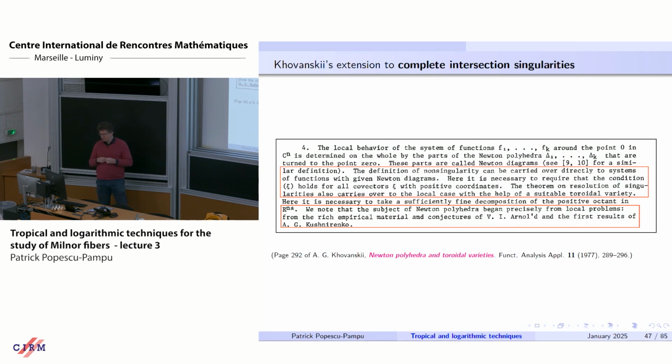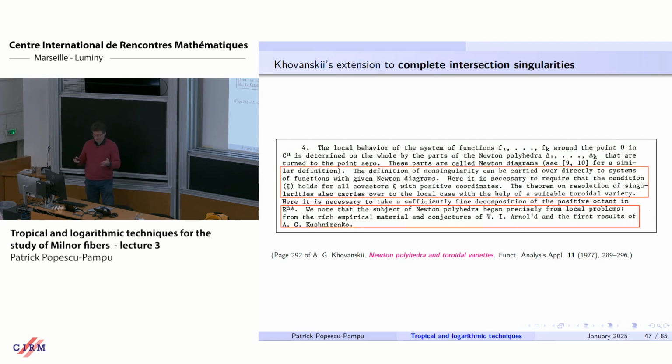And a little later, in 1977, Khovansky extended the notion to singularities which were complete intersections. So you have to know that this paper is an English version of a Russian original, and the translation was very bad. So in particular, in the title you see Newton polyhedra and toroidal varieties. The correct translation is toric varieties. Wherever you see toroidal, here you have to read toric.